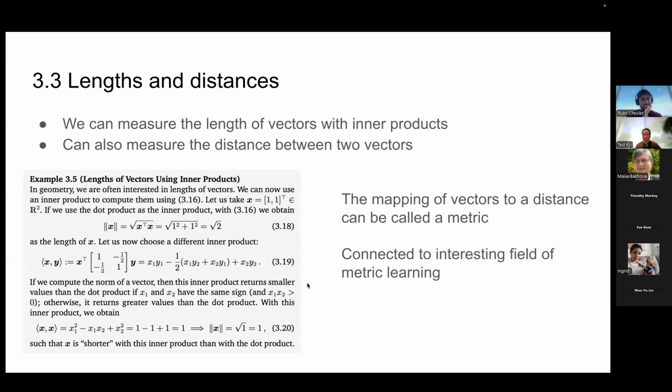So I'll move on to lengths and distances. One of the things that I was thinking about is that I view the norm as sort of like the distance from the origin. And then we also have lengths and distances, which can be distances to other vectors, other points, other things. And so we have to be able to measure those as well.